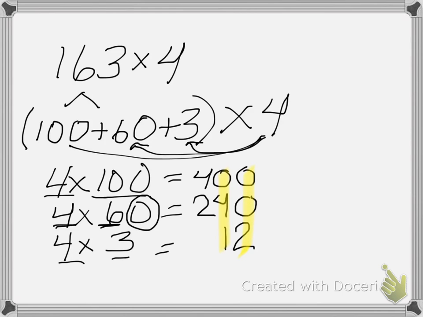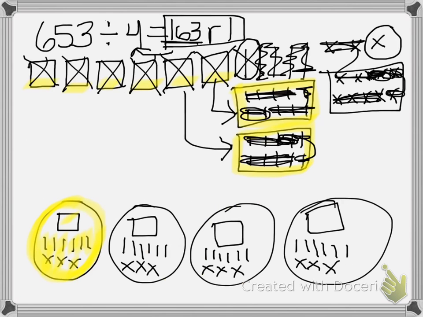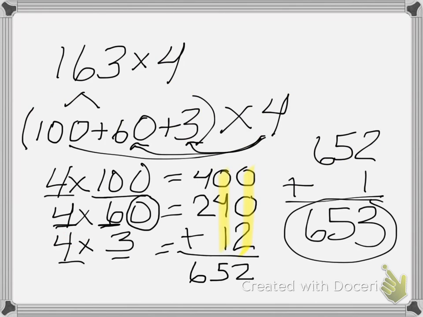There are no hundreds. And I did that so I could just go right to the addition step, which gives me 652. And then I have to add the remainder. Plus 1 is 653. So that should match our dividend, and it does, 653. So that's a big check mark. Keep practicing.